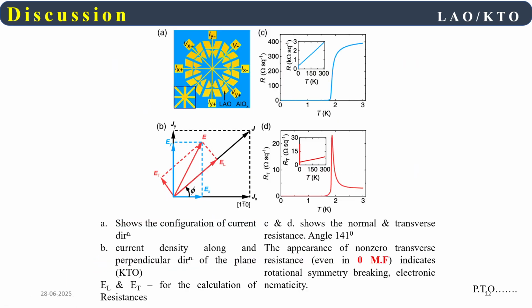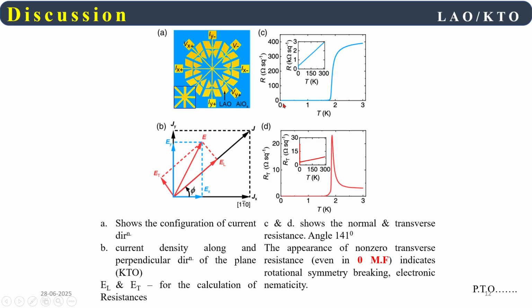So this is the discussion of the measurements. The authors measured the resistivity along different axes, the longitudinal and the transverse directions, and this is the schematic diagram of the resistivity measurements, and these are the results: the longitudinal resistivity and the transverse resistivity.